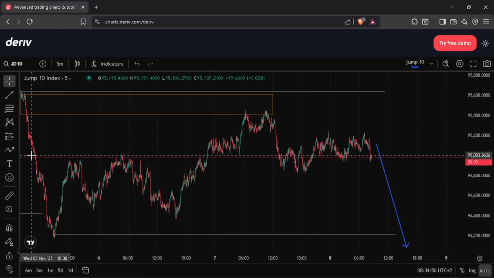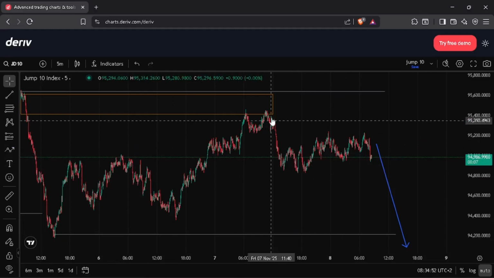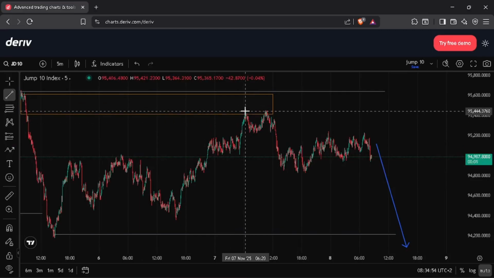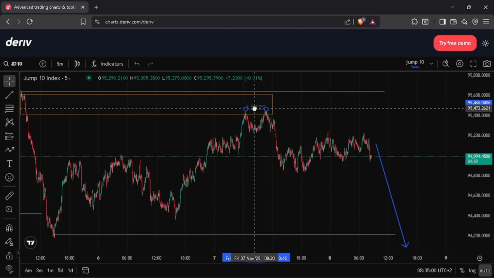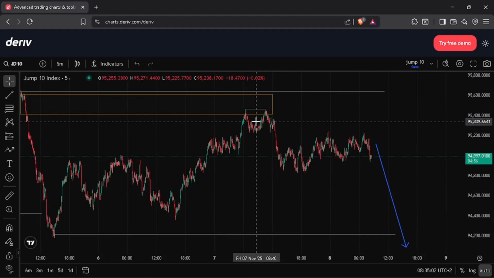Here what I'm anticipating is that we have this level here. Some call it a double top, some call it an inducement, some call it liquidity.